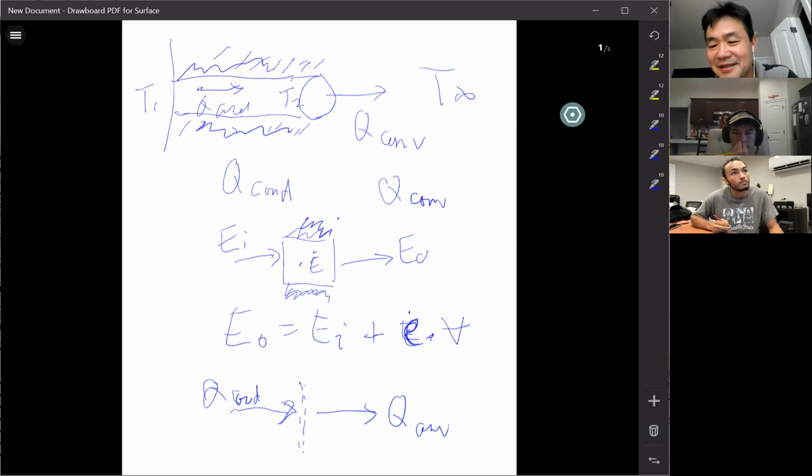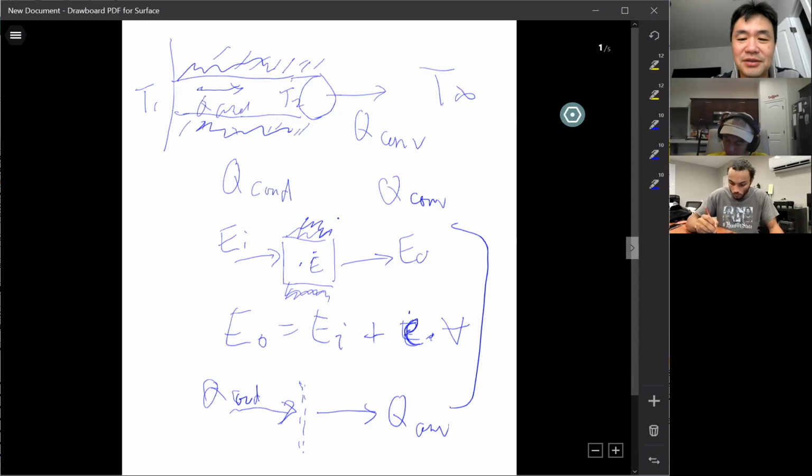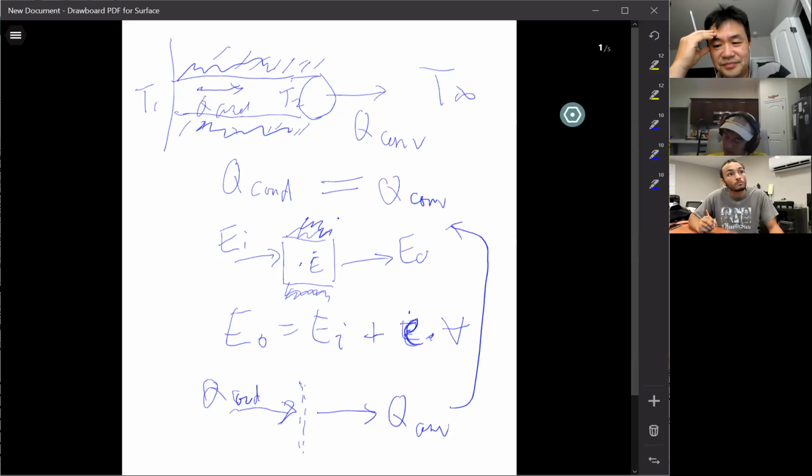Does that make sense? So it's easy to remember: across a surface, the energy in and out has to be equal. Because of this, we can go back to this equation: Q conduction equals Q convection.